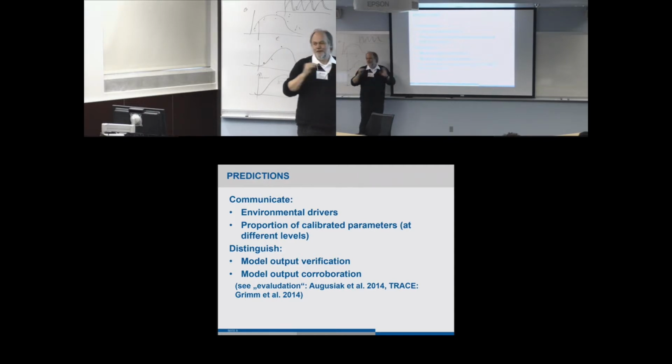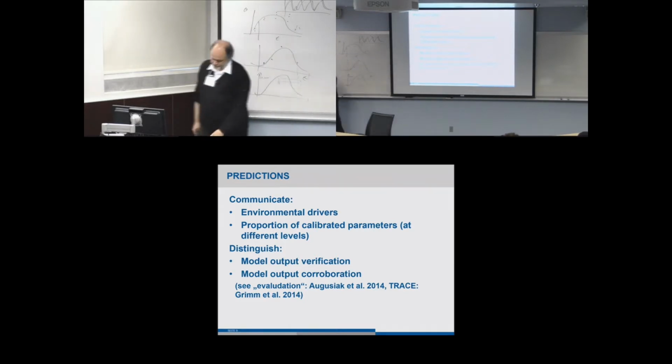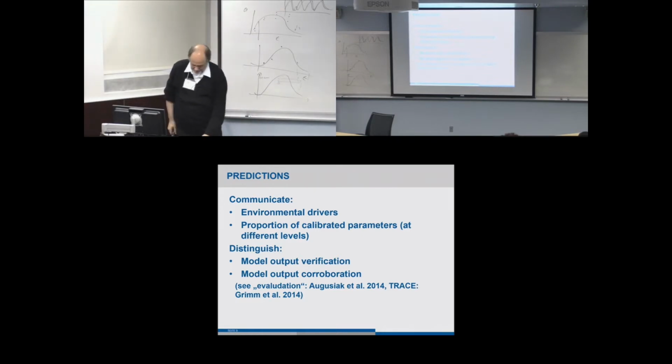But if I say evaluation, this is a kind of an innocent new term. Huh? What do you mean? And then we could talk for 30 minutes what it means. But that's a presentation by itself. We make this distinction. I think this is really important also in this context here: what is verification, what is corroboration. I don't like the word corroboration, but we had to use some other word.